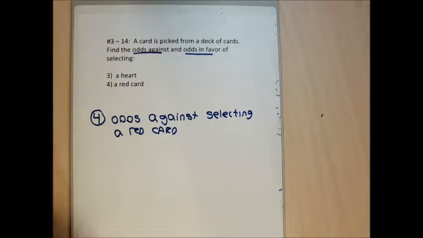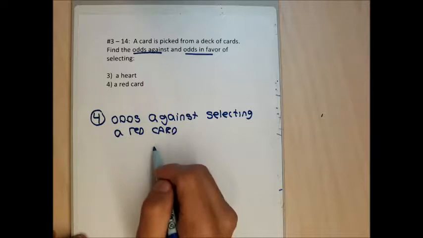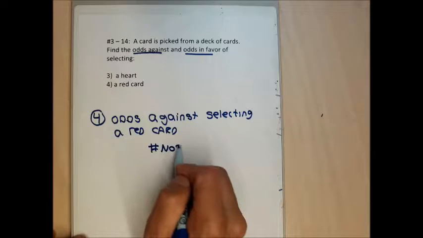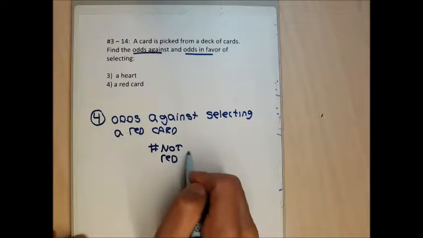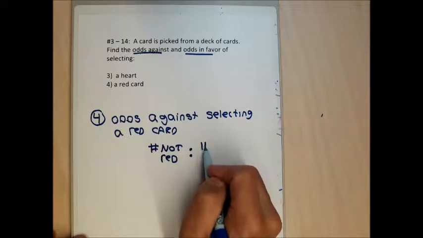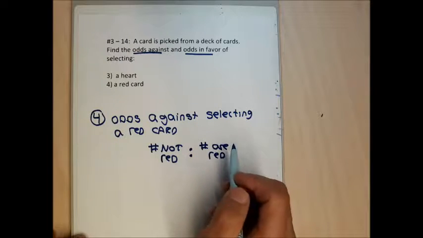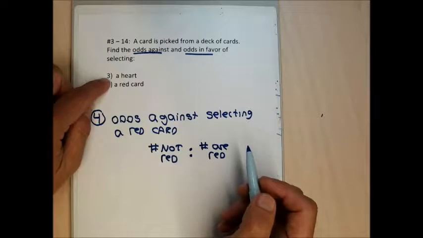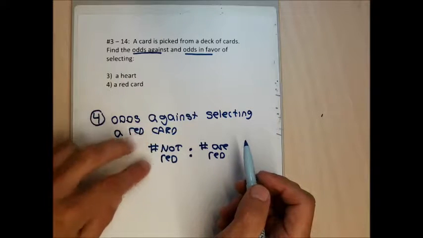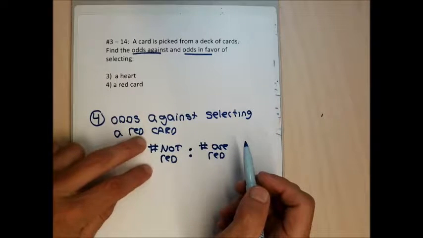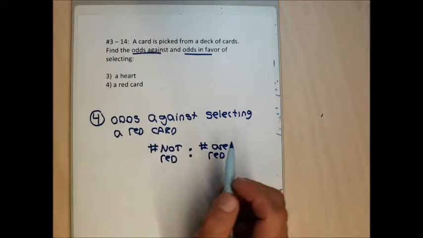To do the odds against selecting a red card, I need to separate the deck into the number of cards that are not red first, followed by a colon, and then the number that are red. When you go to do your odds against selecting a heart, because it's against, you want the not first. You want to find the numbers that are not hearts, followed by the numbers that are hearts.